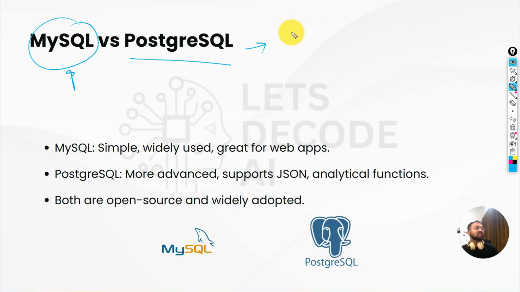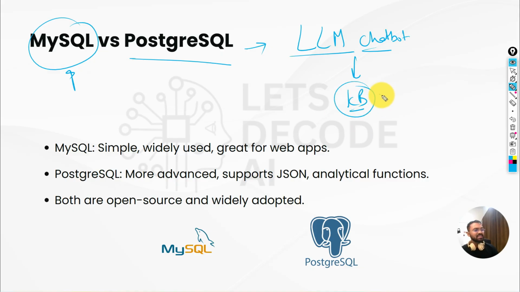For example, nowadays there is a very big demand of something called LLM chatbots. Now these chatbots have something called a knowledge base or a KB. It's nothing but a database where all the information which is present as in memory of the LLM is stored.